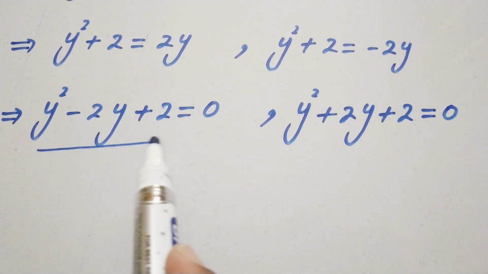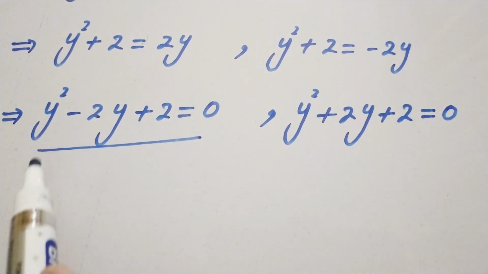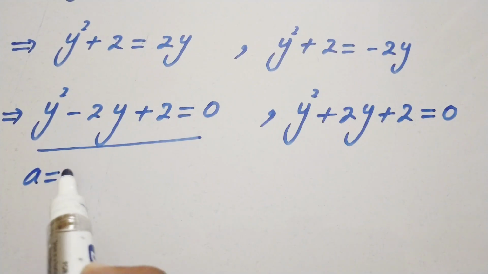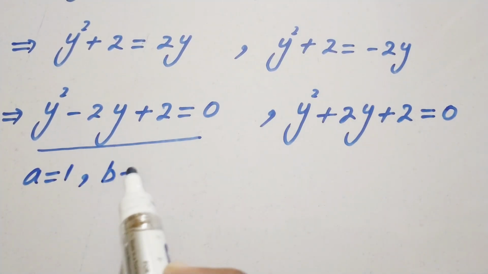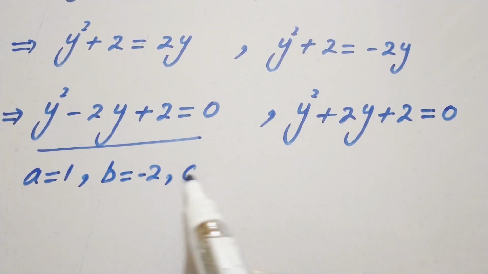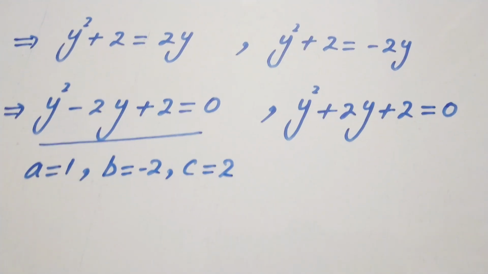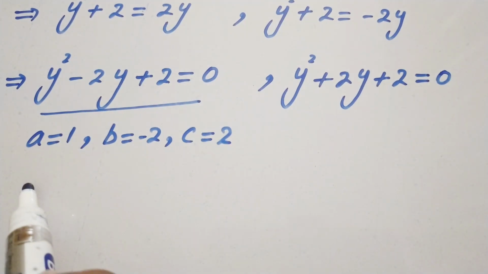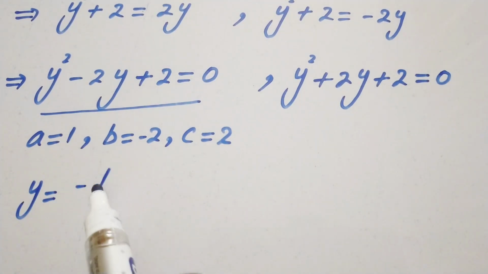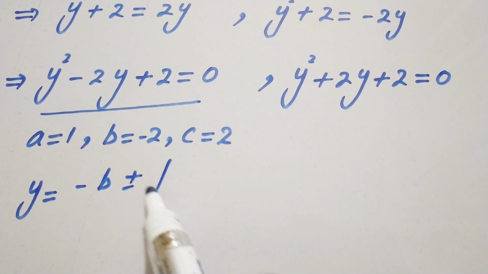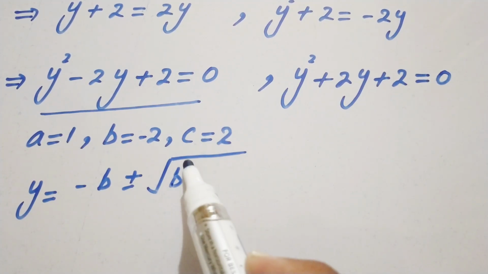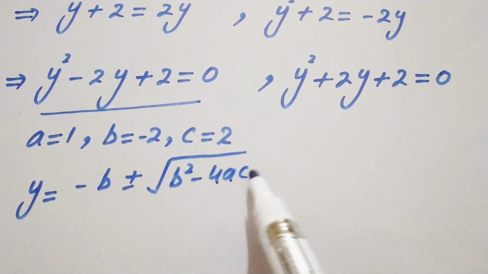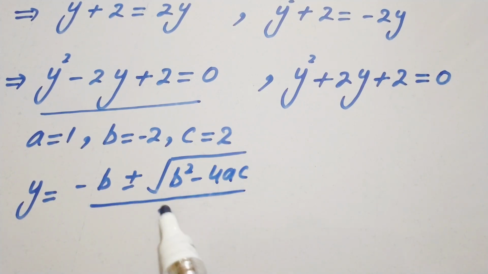In case 1 this is a quadratic equation having a is equal to 1, b is equal to minus 2 and c is equal to 2. And the quadratic formula is minus b plus minus square root of b square minus 4ac divided by 2a.